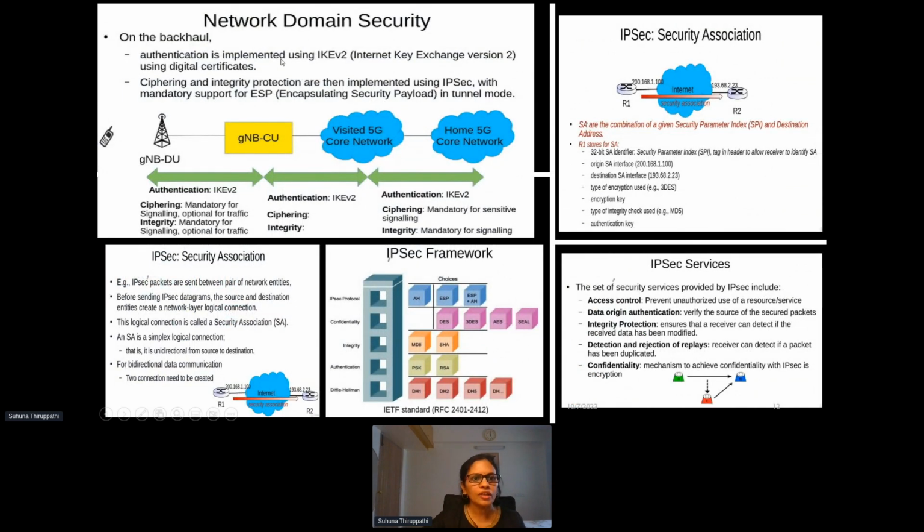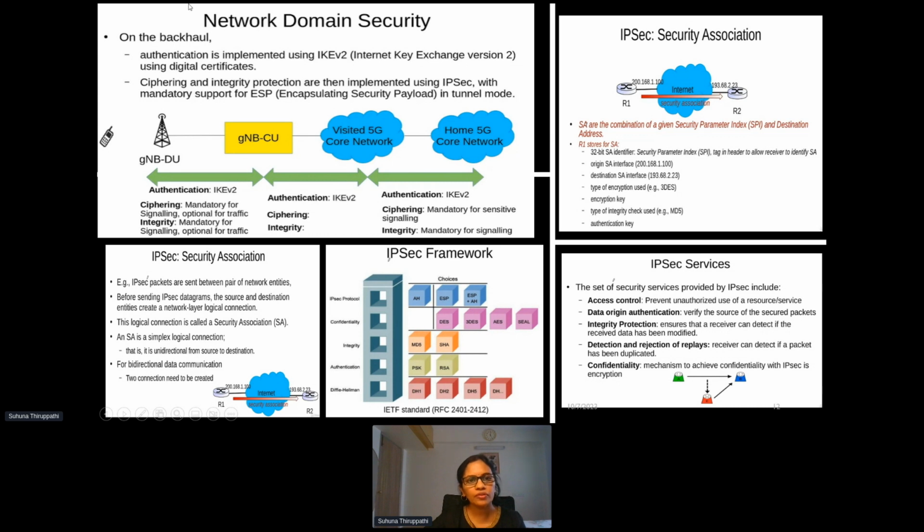Here, as part of network domain security, authentication is implemented using IKEv2, which is Internet Key Exchange version 2, using digital certificates.